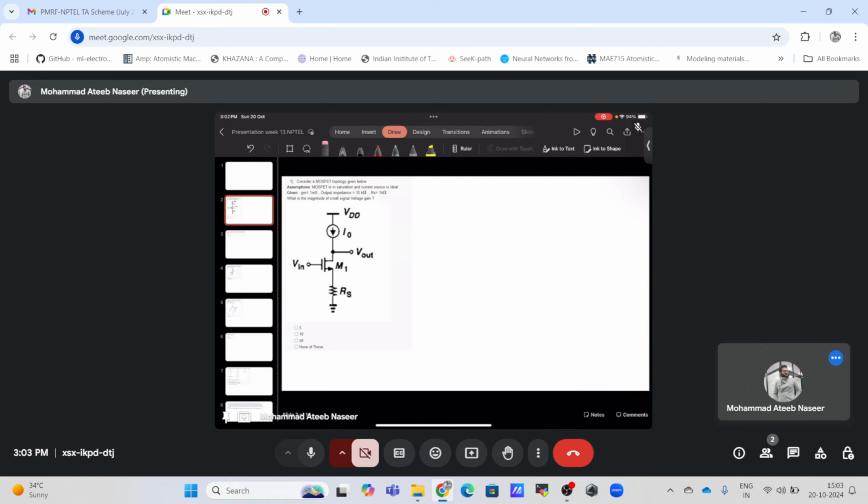As I said, we will start with the circuit problems which we did previously. We solved the small signal analysis.